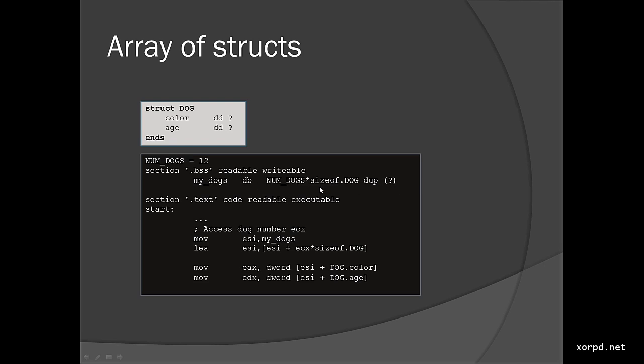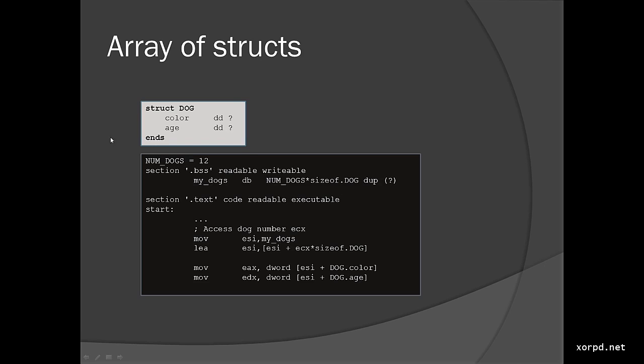What does that mean? It means that I know that every dog is going to take sizeof.dog bytes in memory. So if I want to allocate numDogs, then I have to multiply those two amounts to calculate the total amount of bytes that I have to allocate.